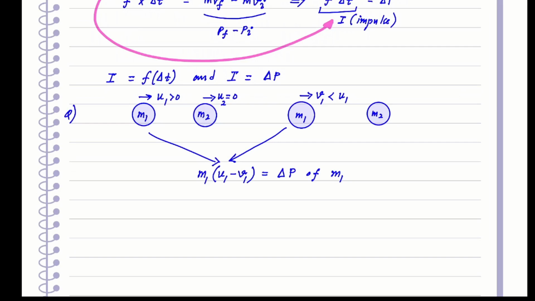Now obviously this is a collision. Without a collision, U1 is not going to become V1, because we consider there is no resistance and no friction. Under those conditions, there shouldn't be any speed difference unless there is a collision.